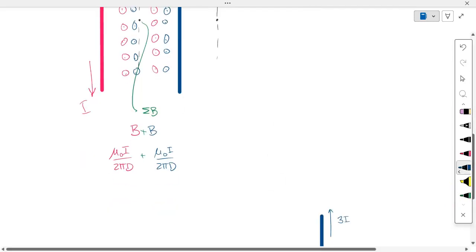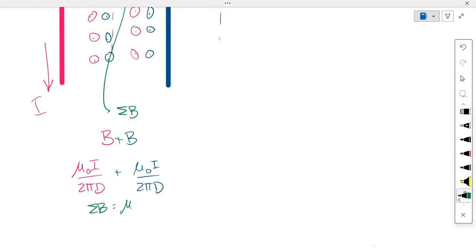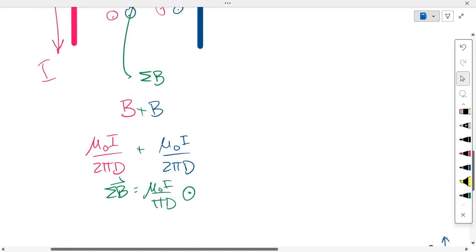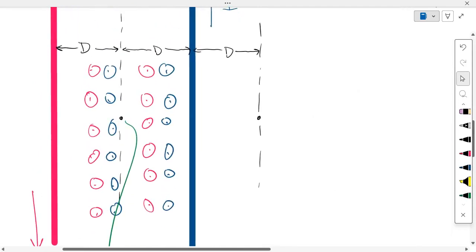And okay, that happens to be the net B, the net magnetic field in between the wires: mu naught I over pi d outward vector. Yeah? Fine? Good? Great.